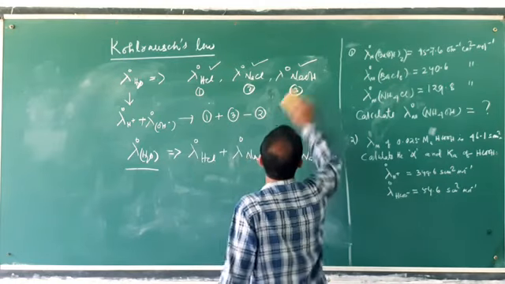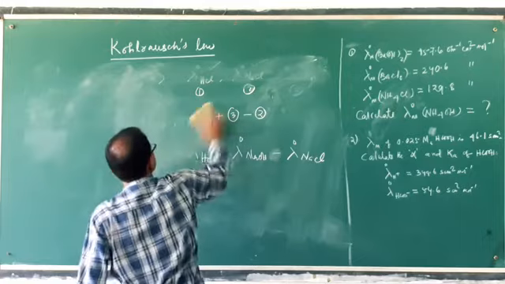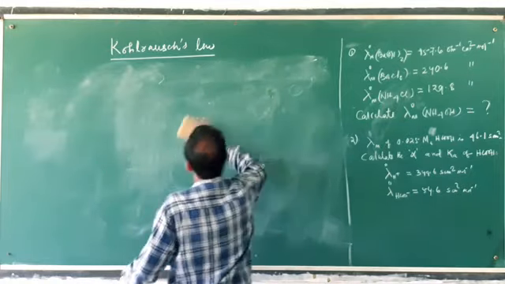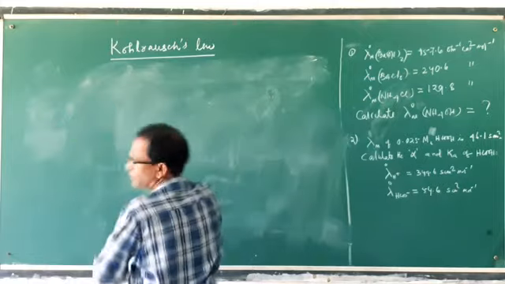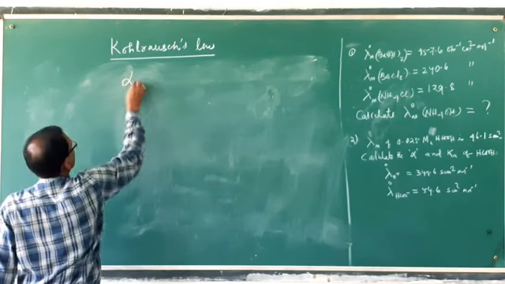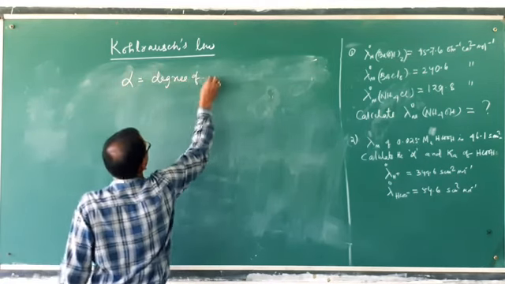Then come to the other formula, by which I can calculate alpha. What is alpha? Degree of dissociation.